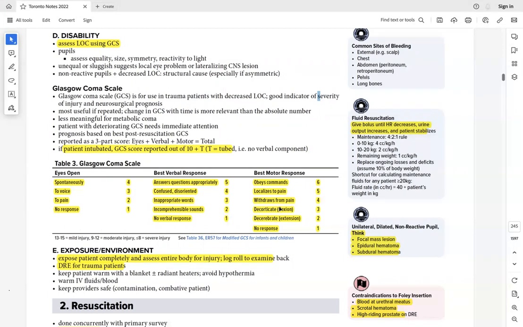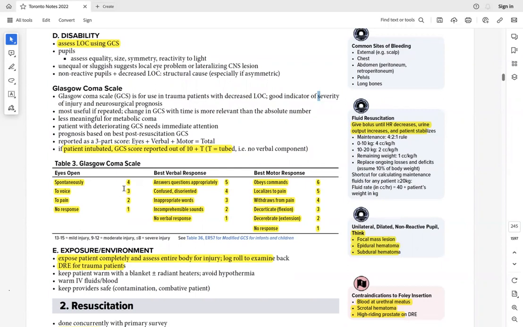To practice more, go to Google and write GCS calculation questions. Different questions will pop out. Learn this GCS and just solve those questions. It will give you easier practice, and then you will be more fluent, knowing that this is the GCS and you can calculate it.